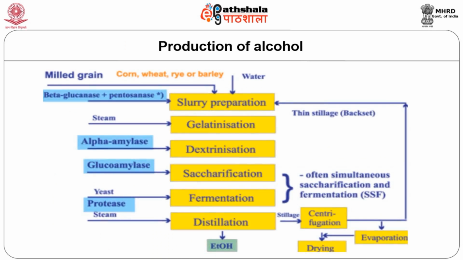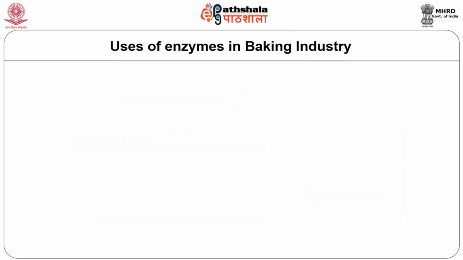The starch derived from maize, potatoes, barley must be pre-treated with hydrolase enzymes such as alpha and beta amylases and amyloglucosidases, which carry out liquefaction and saccharification before it can be fermented by yeast and other organisms into potable or non-potable alcohol. Now we will move on to the uses of enzymes in the baking industry.